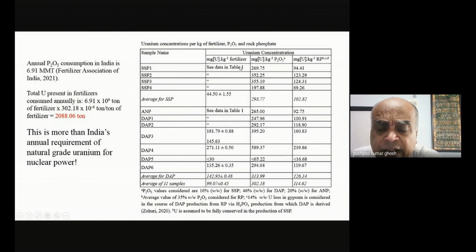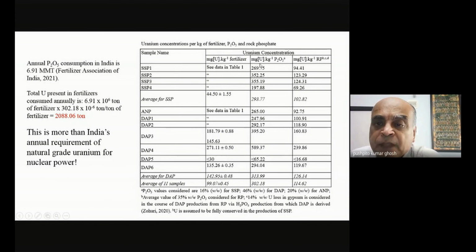On an average, you can work out the figures, and if you express the figures in terms of the actual nutrient which is there in phosphate fertilizer, which we always measure by P2O5. How much phosphorus? It is measured as P2O5.